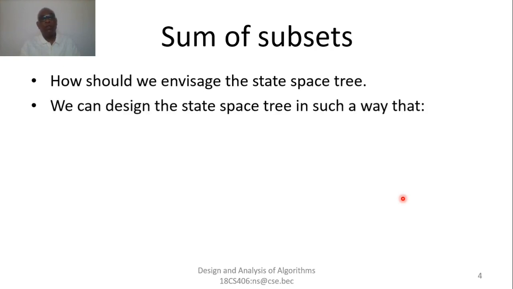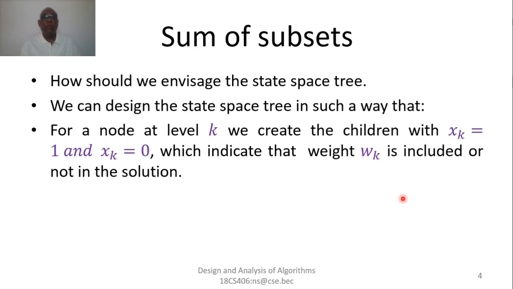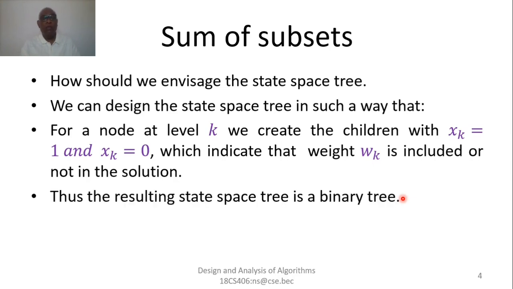One possible way to design the state space tree is at any node at level k, we create the children by choosing the values xk equal to 1 and xk equal to 0, which indicate that the kth weight is included in the solution or the kth weight is not included in the solution. As a result, we find that the state space tree is a binary tree.